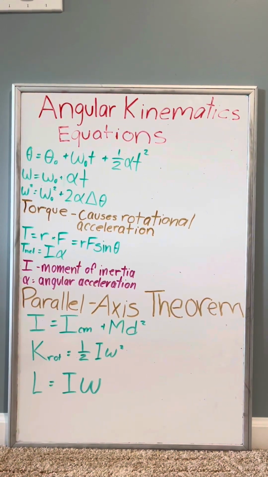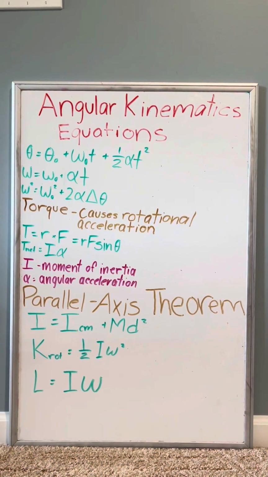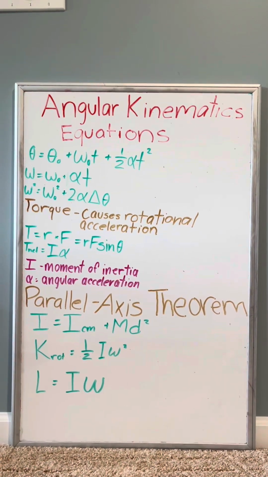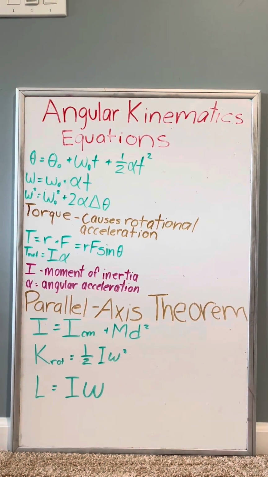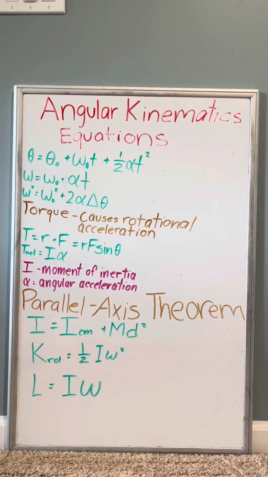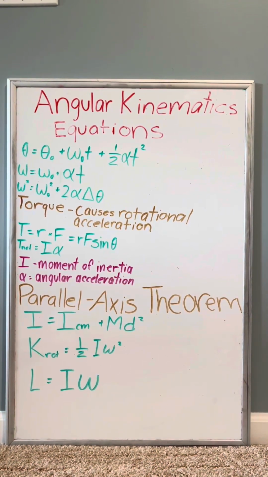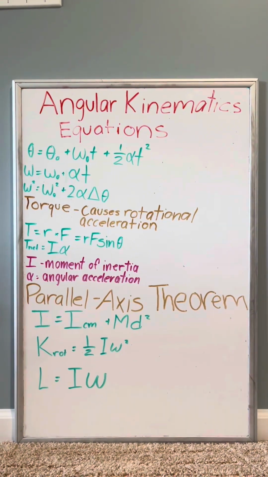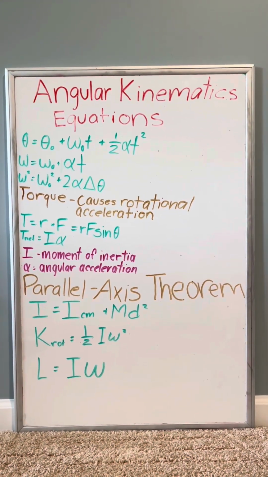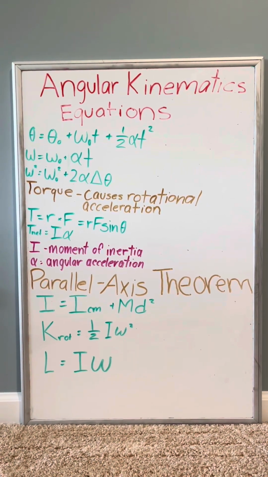For example, a solid disk has the equation 1/2 mr squared. A rod where the point of axis is at the center has the equation of 1/12 ml squared. And along with this, there's also the parallel axis theorem for when the axis is not at the center of mass. And that equation is I equals I center of mass plus md squared.